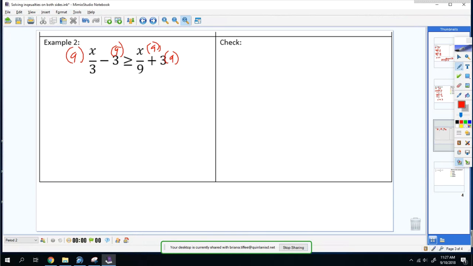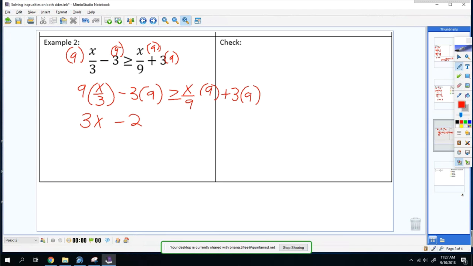I prefer this way. So I'm going to do 9 times x divided by 3 minus 3 times 9 is greater than or equal to x divided by 9 times 9 plus 3 times 9. So we simplify this, it would be 3x minus 27 is greater than or equal to x plus 27.